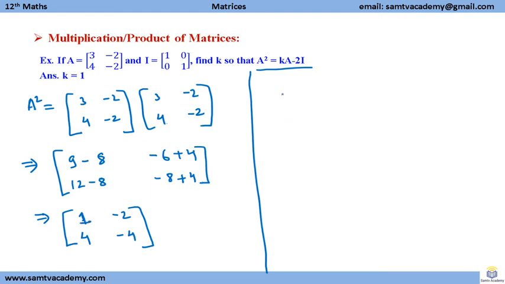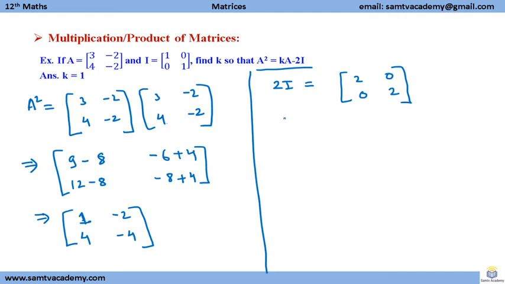And if we want to take 2I, what will be 2I? We are multiplying I with 2, so 2I will be 2 0 0 2. Now let's solve this equation.